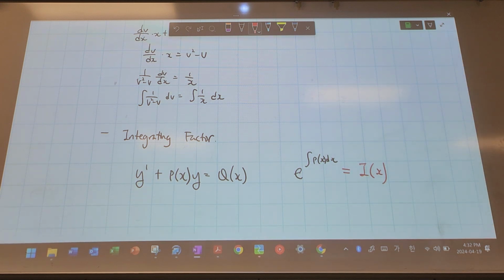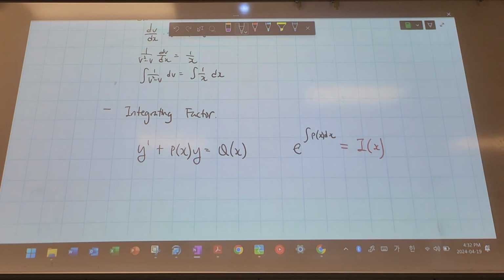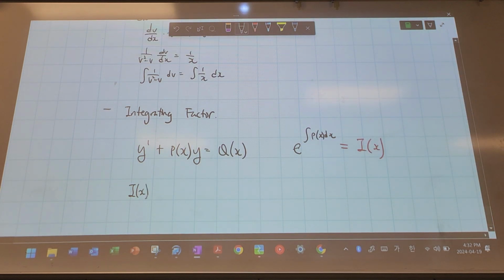After you find the I of x, you're going to multiply both sides by I of x. So it's going to look like I of x times y prime plus I of x times p of x times y is equal to I of x times q of x.